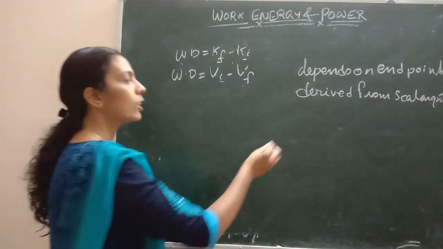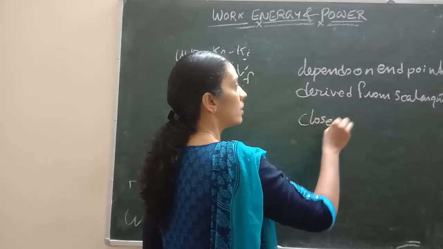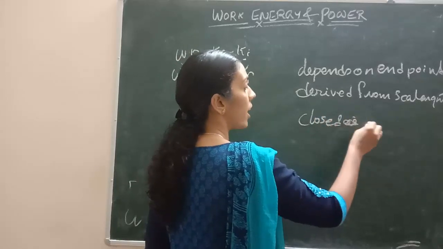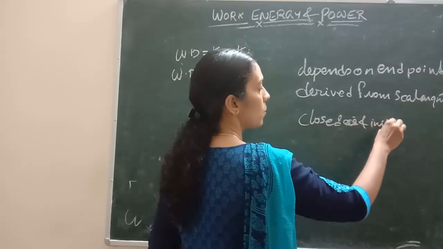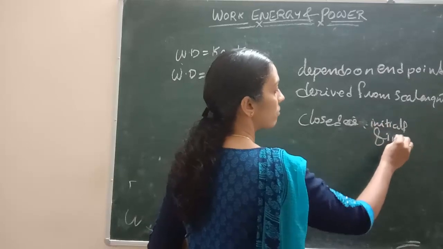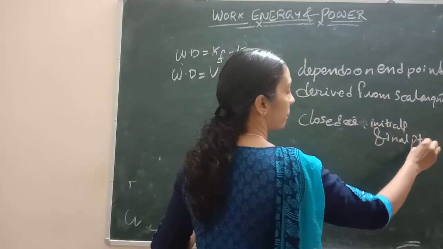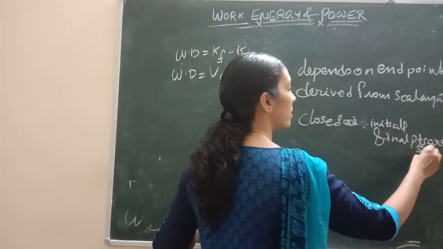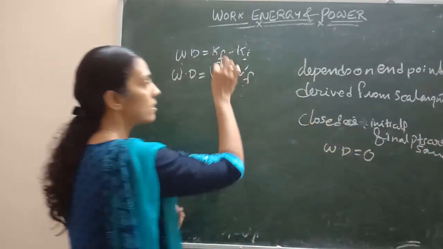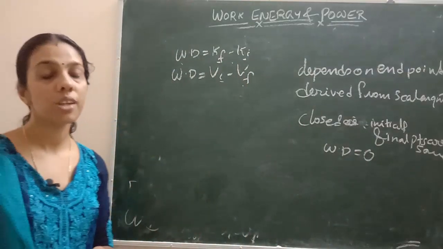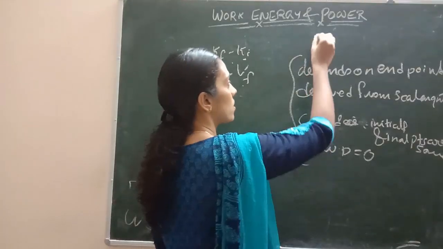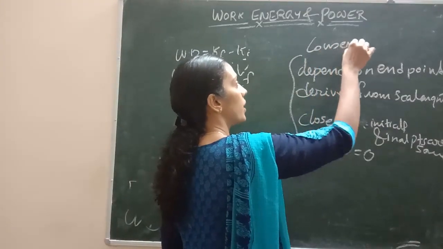And if it is a closed curve, closed one, that is, initial and final points are the same. If initial and final points are the same, then the work done will be equal to 0 there, isn't it? So such kind of forces are called conservative force.